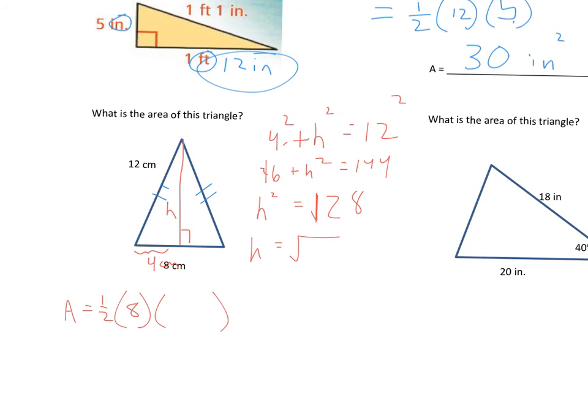H equals the square root of 128. Just put that in there exactly, and now on your calculator, you can put this in your calculator to get the final answer, and that would be 45.25 square centimeters.